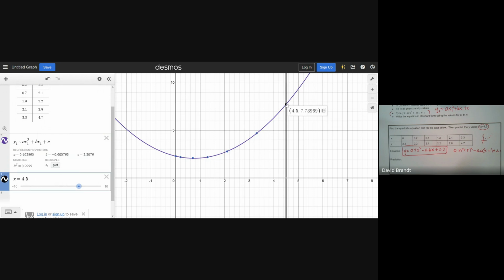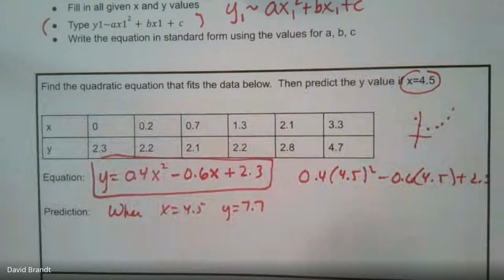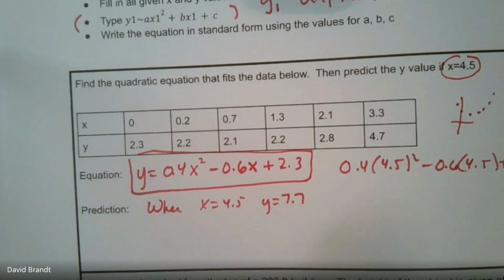If you click on it, it should light up. When I plug in 4.5, I get about 7.7 for my y value. So when x equals 4.5, y is equal to 7.7. That's what you should fill in on your paper there.